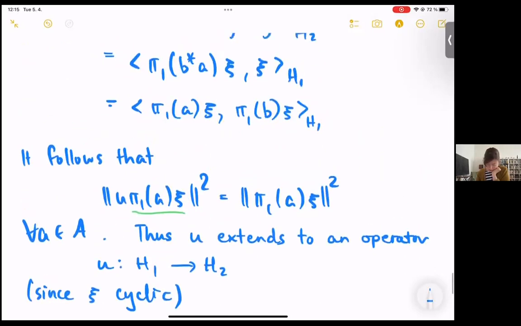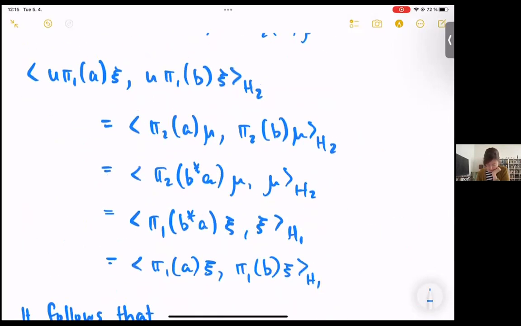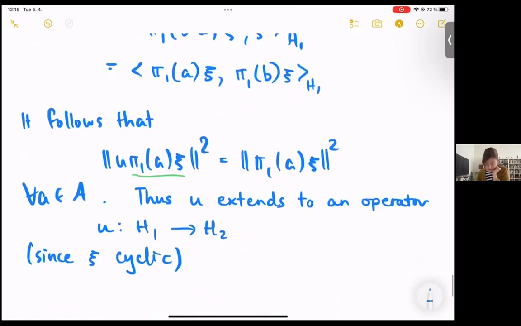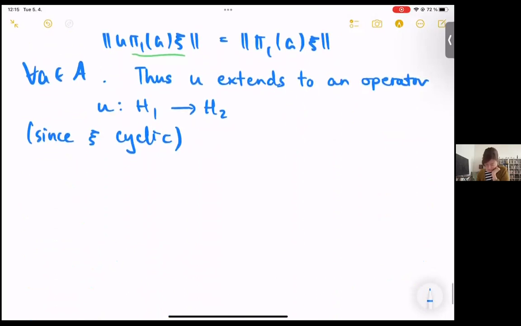And it's clear by this computation, and by the fact that this is evidently a surjective map, that indeed this will be a unitary.